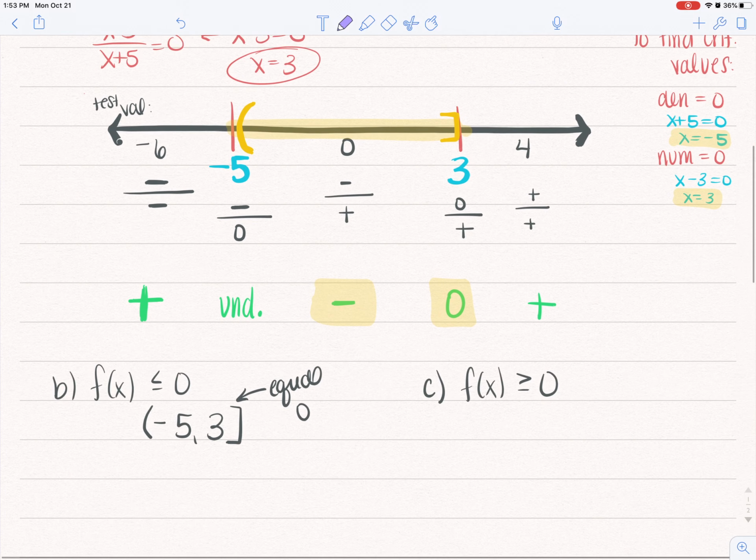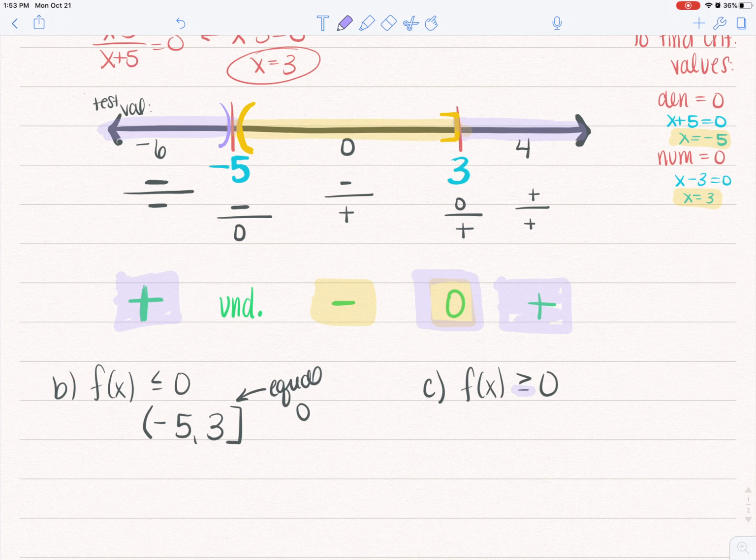So back down here, well, it's positive here, which is this interval, and it's positive here, which is that interval. I also get to include 0 again because it said greater than or equal to. So because of that or equal to, I get to include the 0.